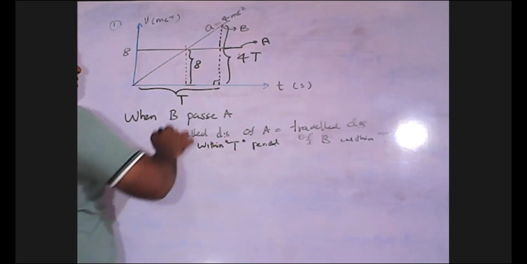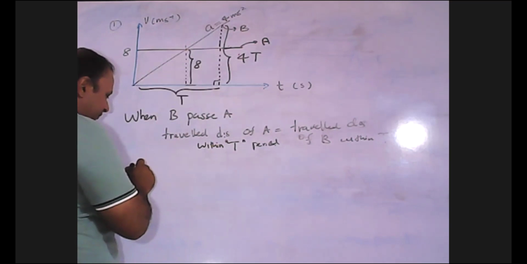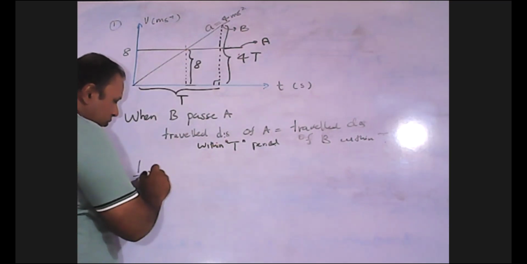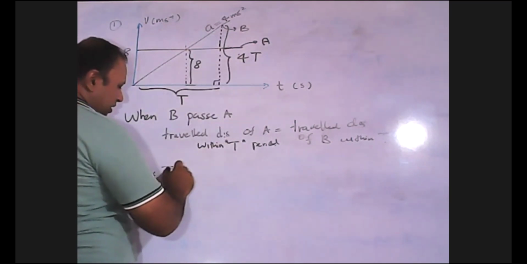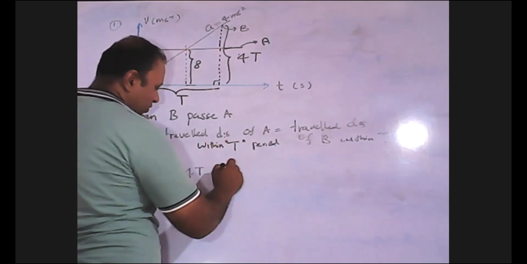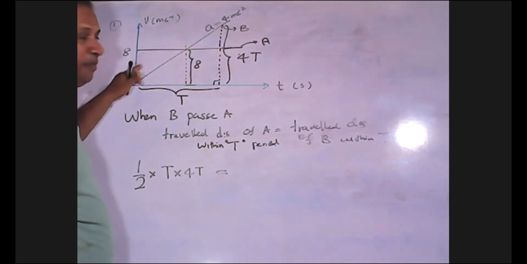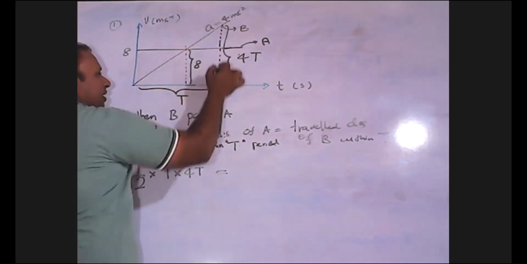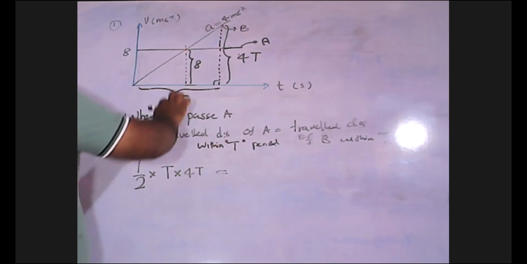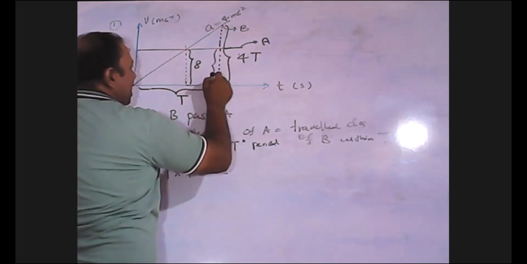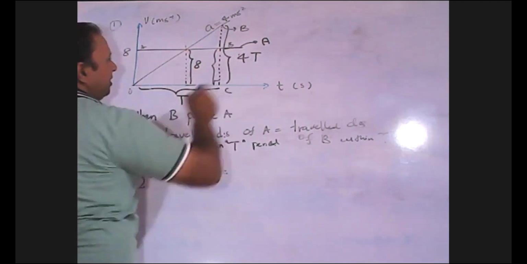Okay, so travel distance means the area under the graph. Therefore, half into this part T into 40 should be equal. So travel distance by B means the area of this triangle. Travel distance by A means area of this rectangle, OABC rectangle.